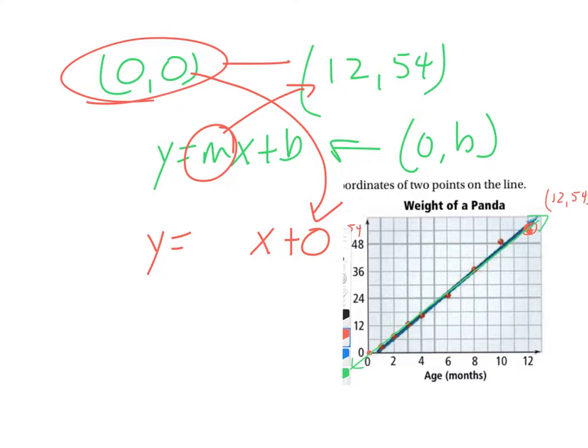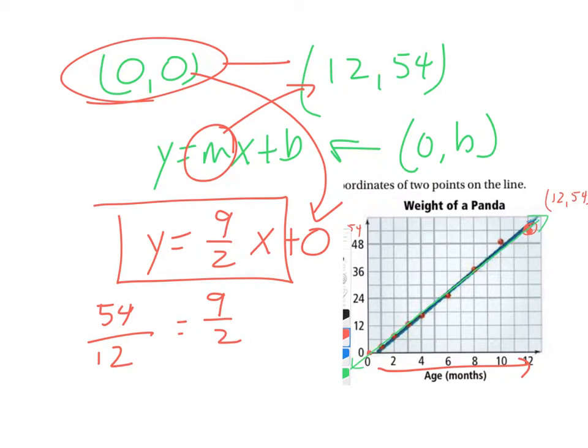Whoops, I need a pen, there we go. 54 over change in x, which goes from 0 to 12, which I do need to reduce. You can go by 2s if you want to, however that works out. So in the end I'm going to get 9 over 2 for my slope. So that goes right in here, 9 over 2. So my line is really y equals 9/2 x.